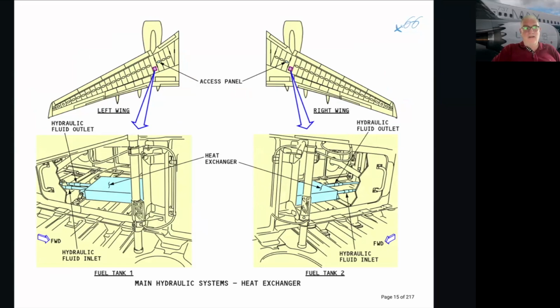All right, we're just passing the hot fluid in the hydraulic pipes through the cold. This is the center. This is the wing. Okay, this is the fuel tank. So we're passing the hot hydraulics through, and then back again.